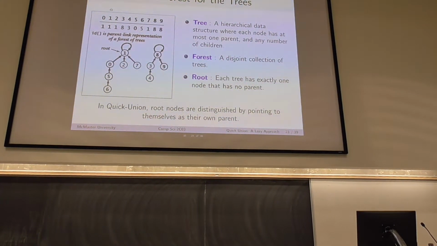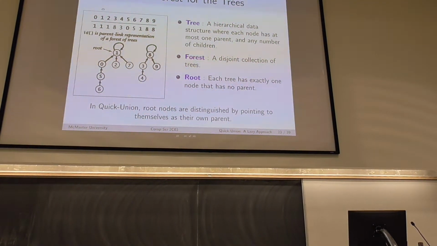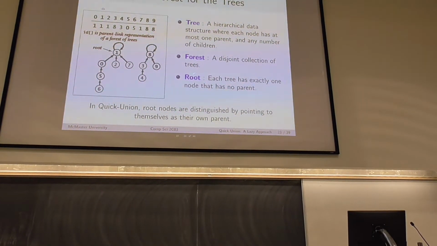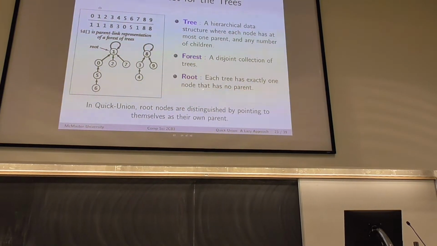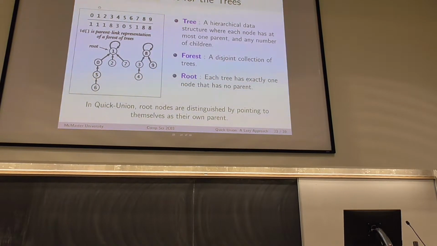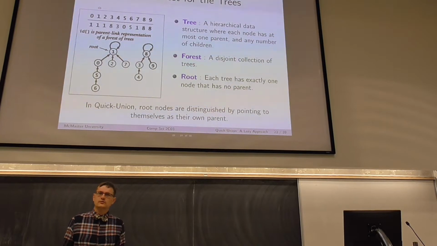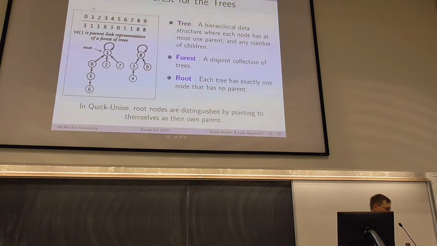A forest is a disjoint collection of trees, and also a pun. Any collection of trees is a forest. Each tree has exactly one node that has no parent, which we call the root. In this case, the root nodes are their own parents, which is of course a temporal paradox, but whatever.